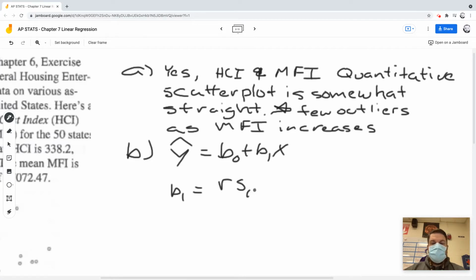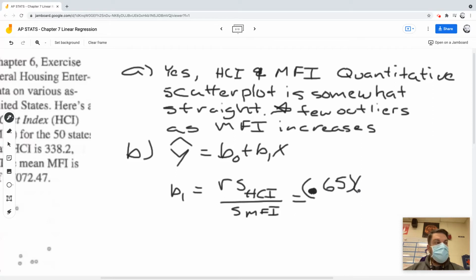So b sub 1 is equal to r times the standard deviation of the housing index, all over the standard deviation for the median income. So the R value is 0.65.